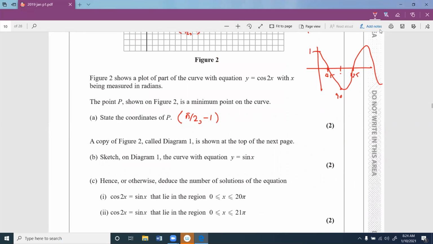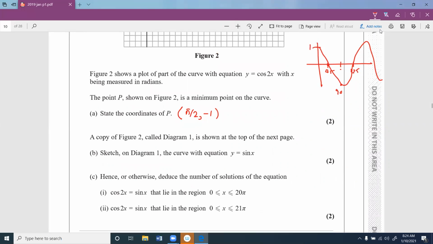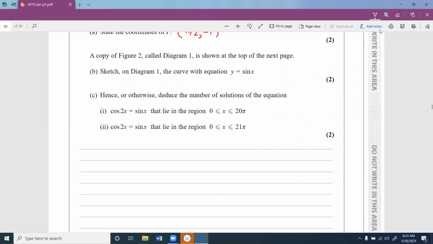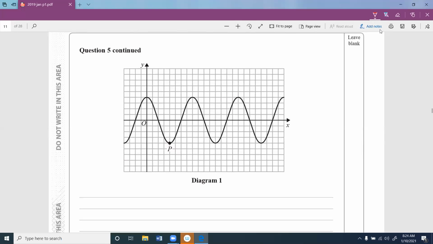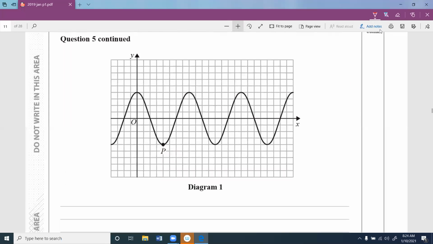Right. Sketch in diagram 1 the curve with equation y equals sine x. We know that if you sketch a sine x graph over here, these points are the same.